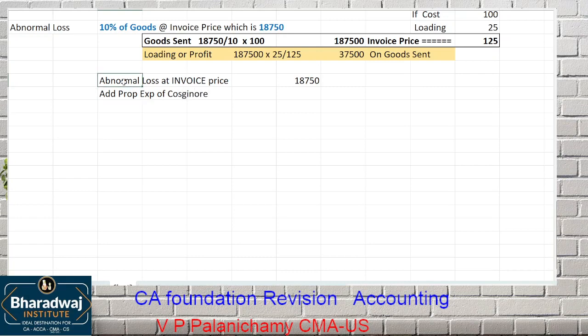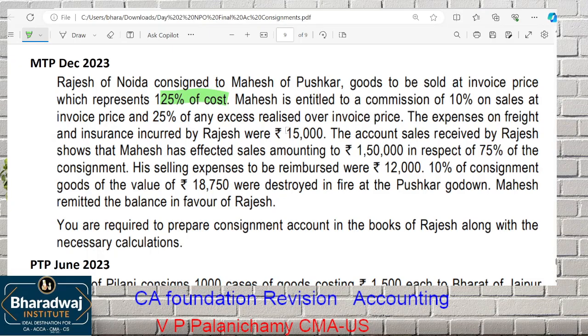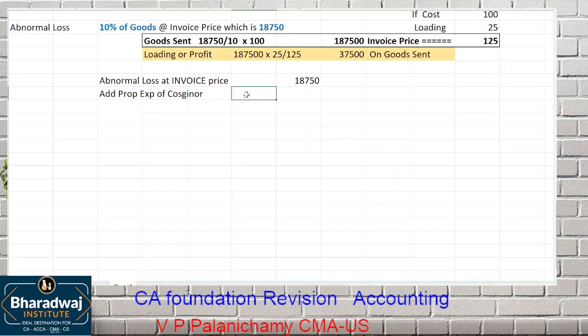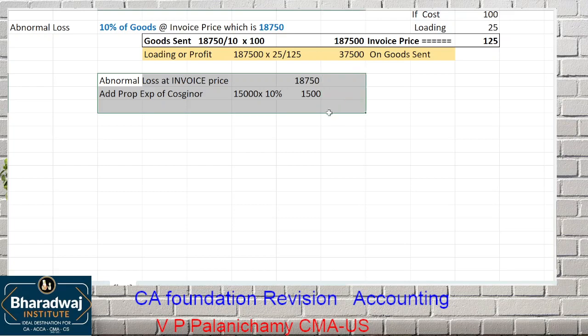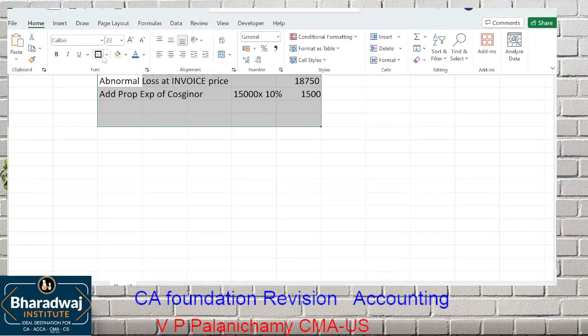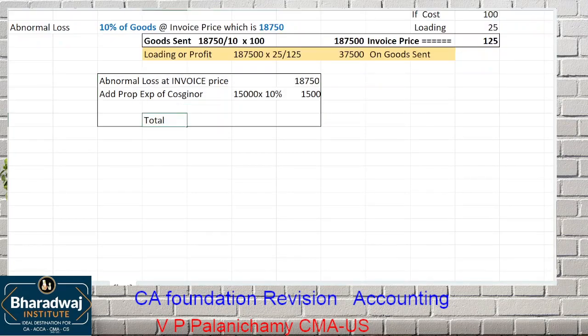What is the expense of consignor? 15,000. Selling expenses should not be included. So 15,000, 10% of it, what will it be? 1,500. This will give us the total.